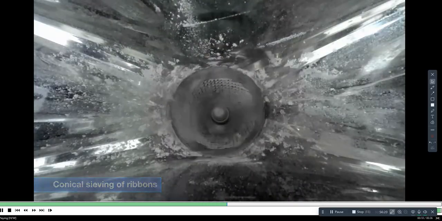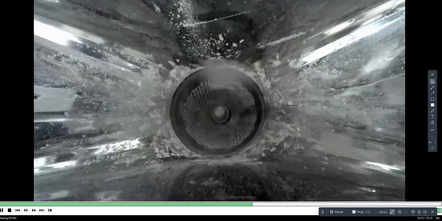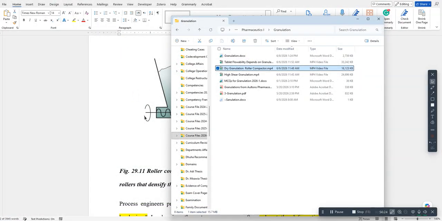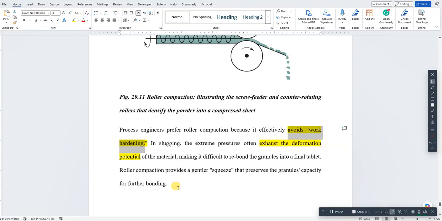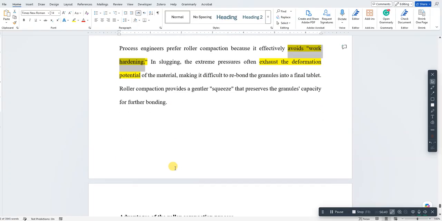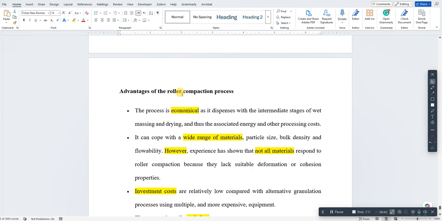The granules. So it avoids work hardening that happens with slugging and allows the deformation to happen when we are pressing the granules again to make the tablets.